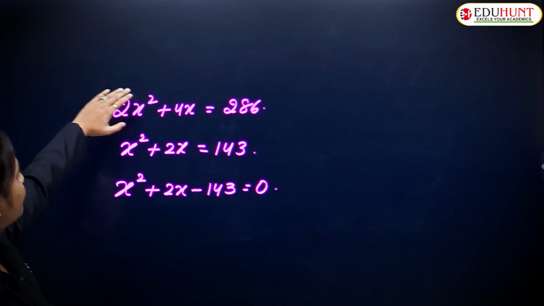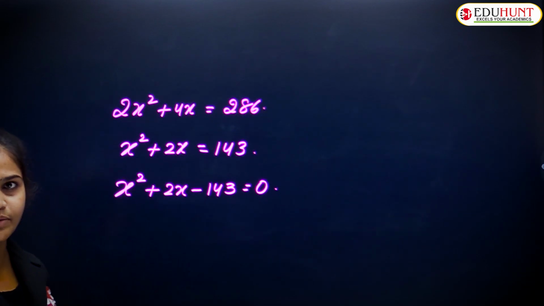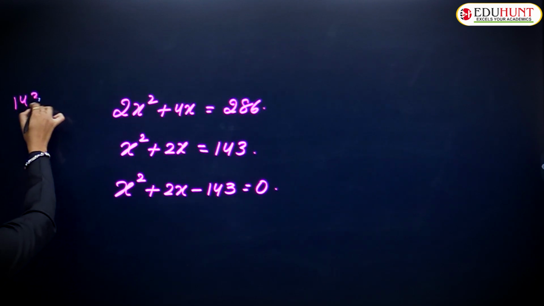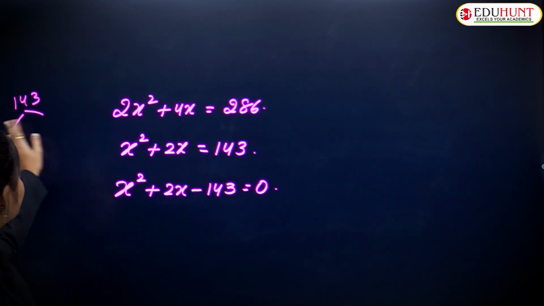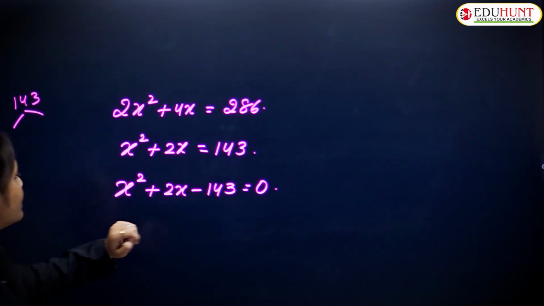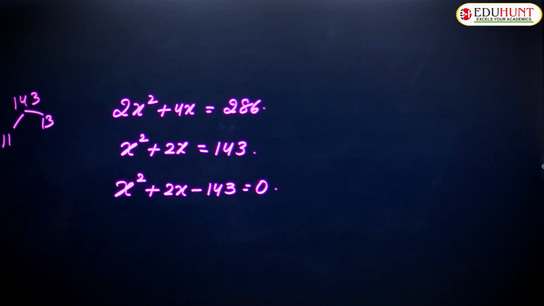So after converting into a quadratic equation, we have to simplify it, right? Here 143 is there, so we have to find the factors of 143, whose sum or difference must be equal to the middle term. Which one is satisfying here? 11 and 13 satisfy: 11 times 13 is 143.